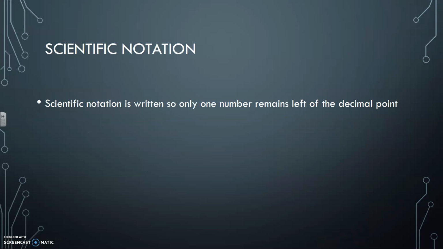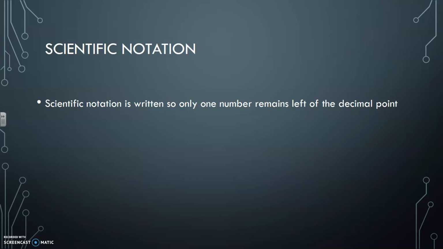So scientific notation, when it's written correctly, is written so that only one digit remains left of the decimal point. So 45.236 times 10 to the third is not correct scientific notation. It has to be, say, 4.5, and so on.